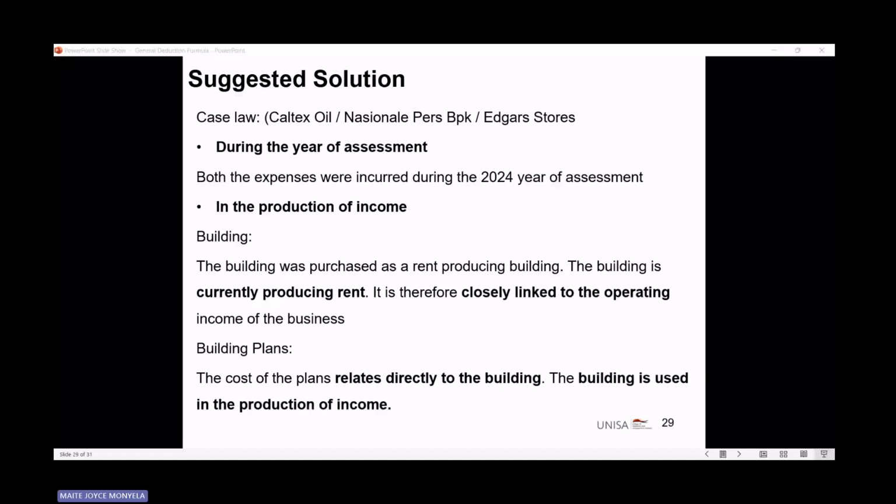Okay, thank you. I'm just thinking out loud as I'm processing. I'm just looking at the purchase of the building, right? Yes. We said it's capital in nature.